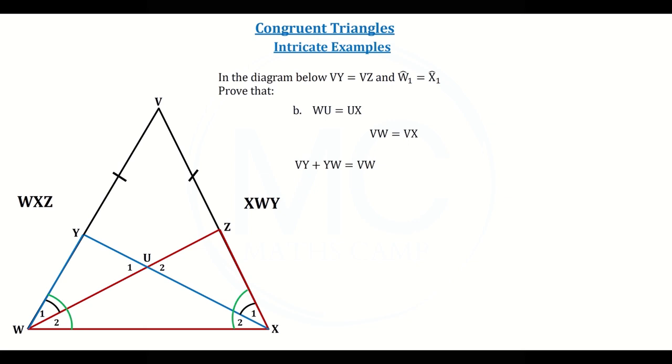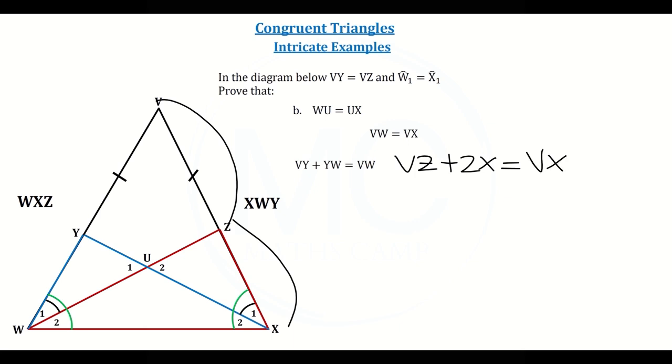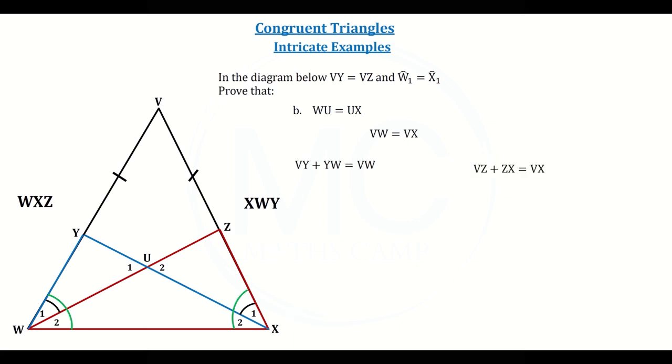We can also see that VX is made up of VZ and ZX. So we can say that VZ plus ZX is equal to VX. From algebra, we know that if two values are equal, then their equations are equal as well.